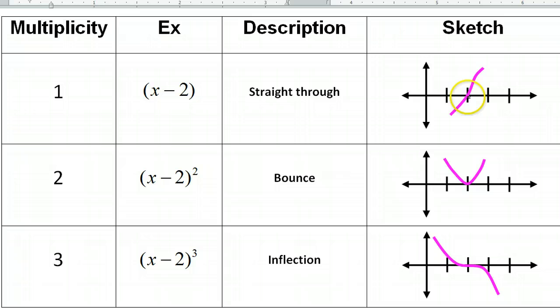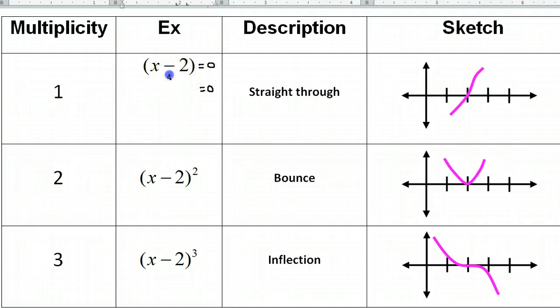And the graph will pass straight through that particular x-intercept. So, you see we have x minus 2, and here it's positive 2 because that's like setting it equal to 0.